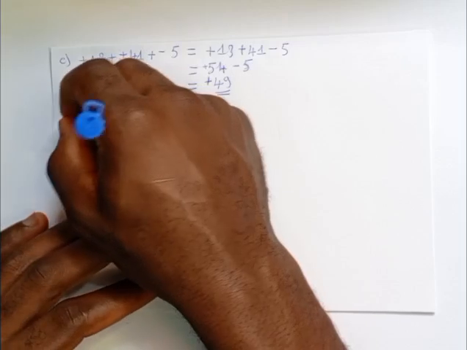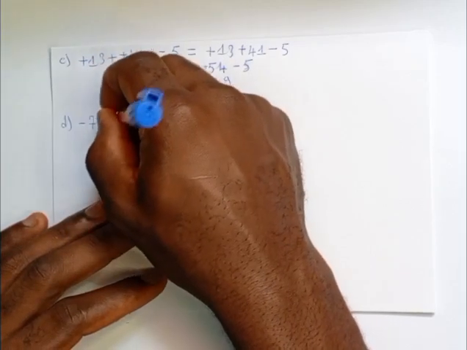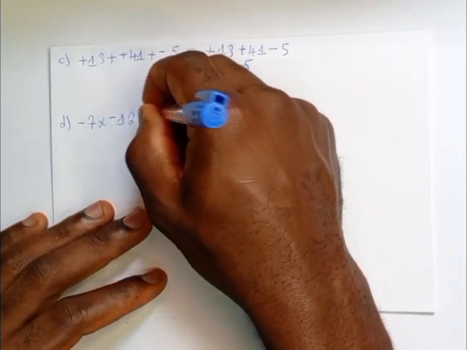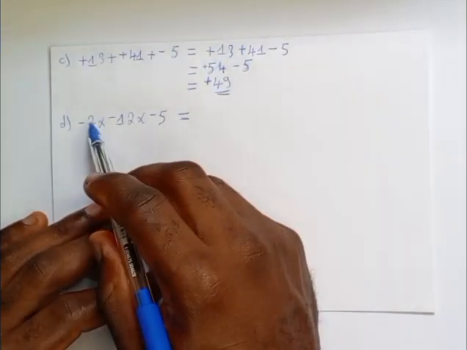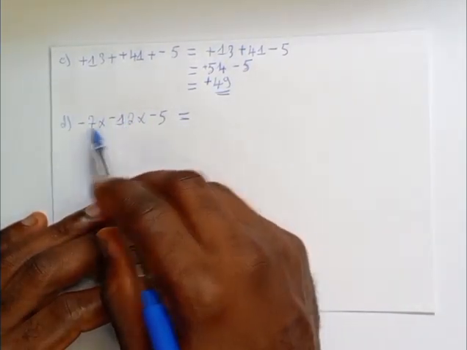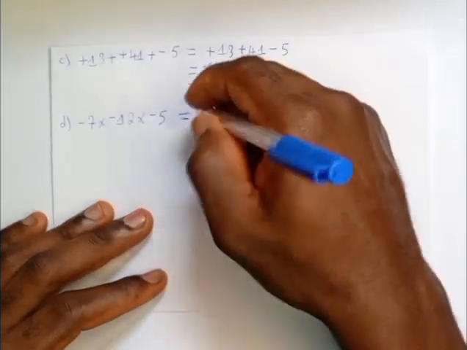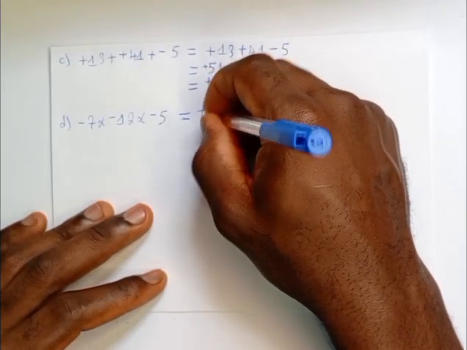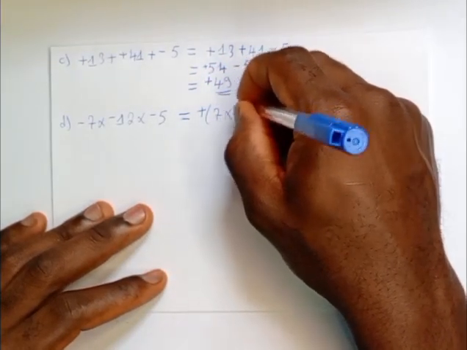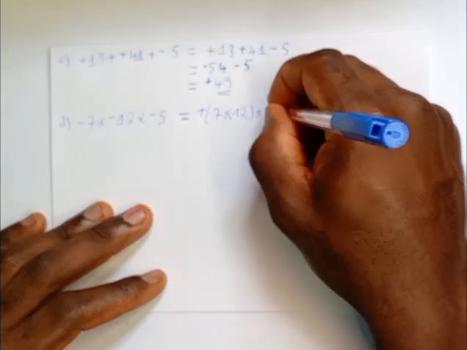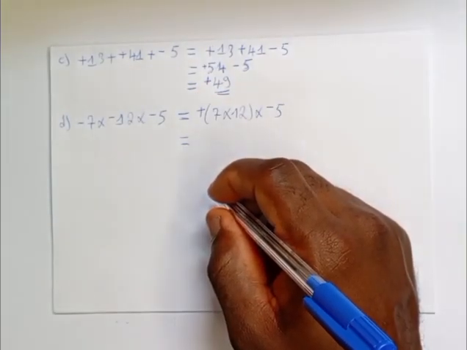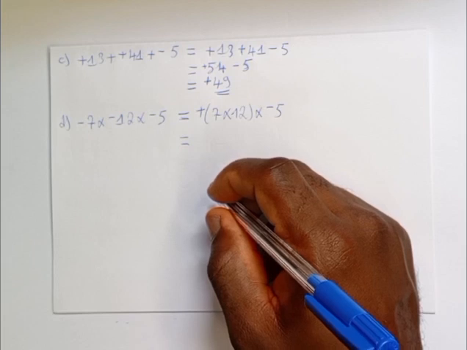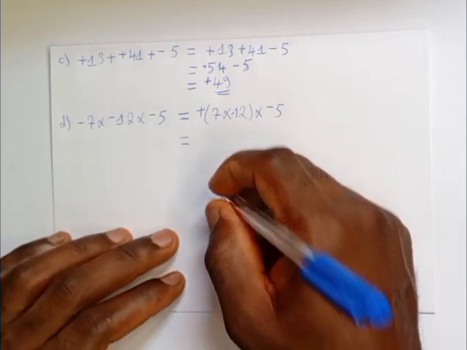We go now to question D. For D, we have negative 7 times negative 12 times negative 5. This will simply be equal to, we take the first two numbers, negative times negative gives us positive, then we take 7 times 12. Then we multiply the result by negative 5. 7 times 12 gives us 84.